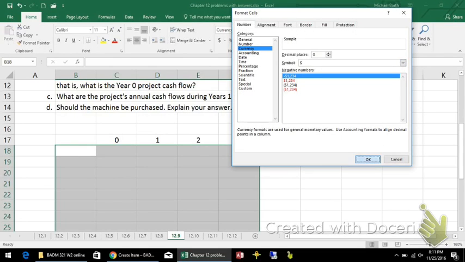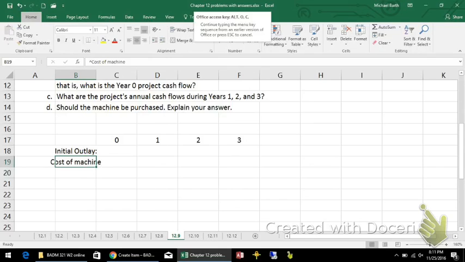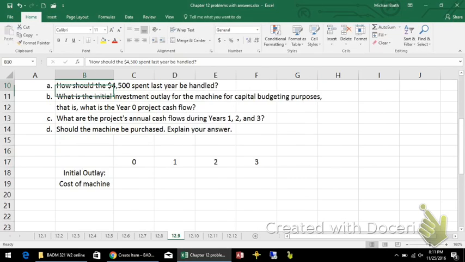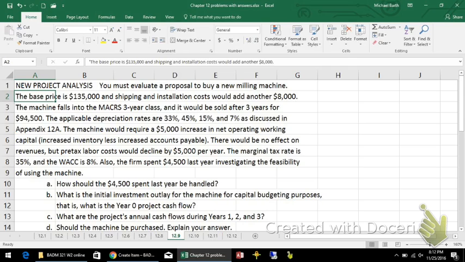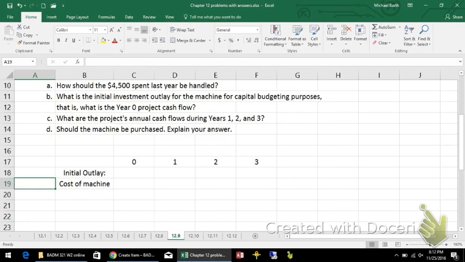Alright, so the initial outlay. Cost of machine. If we go back up here and look, it's base price $135,000, and it costs another $8,000, so that's negative $143,000. That's the cost of the machine to put it into service.